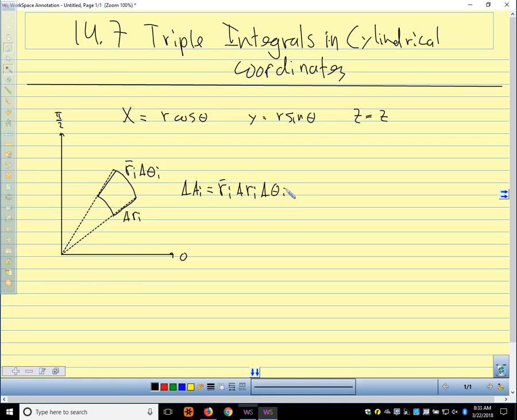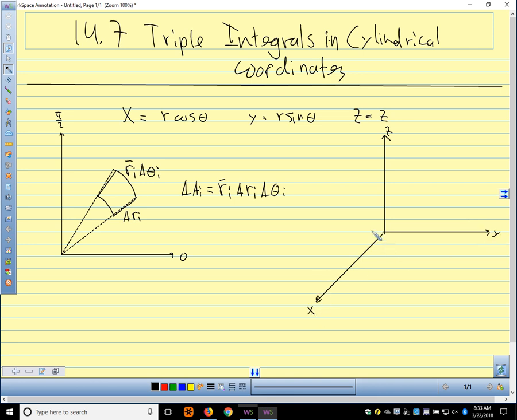Basically what we're doing is taking this little piece and projecting it, kind of drawing it up into 3 dimensions. So if I draw my 3-dimensional axes here, we're going to make a 3-dimensional, not a rectangle, but kind of a polar prism. And since we're in 3 dimensions, we would call it a cylindrical prism, I guess. So a little chunk of a cylinder. There's my y, and there's my x.